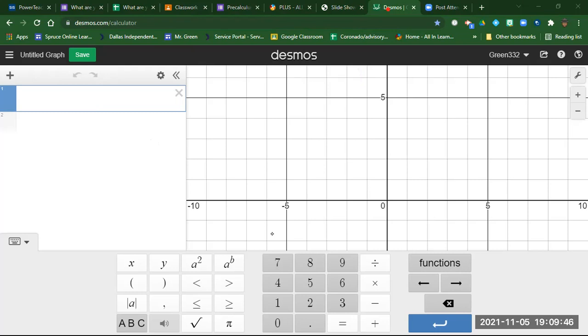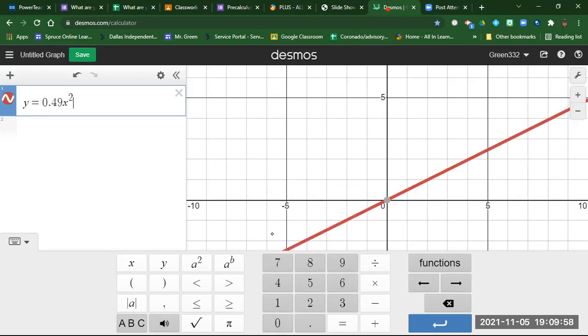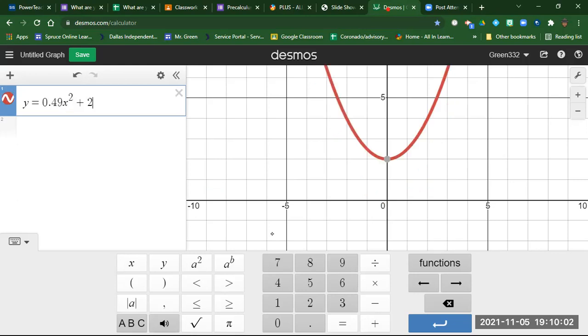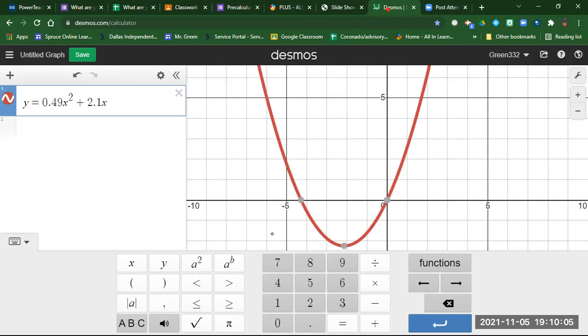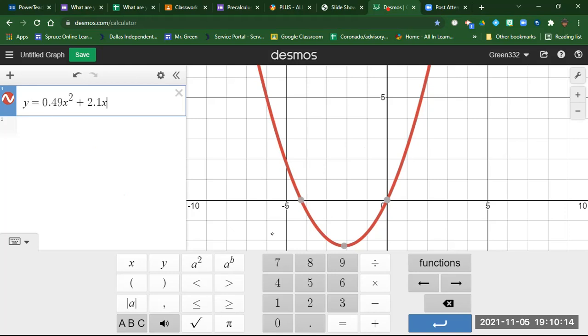I believe I use y, it does the same thing. y equals 0.49 x squared plus 2.1 x. All right, and then make sure I got that right. Oh no, 0.049. So let me do another zero. There we go. All right.